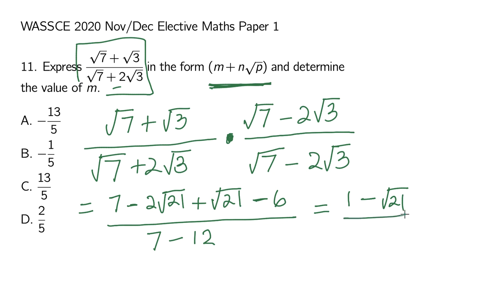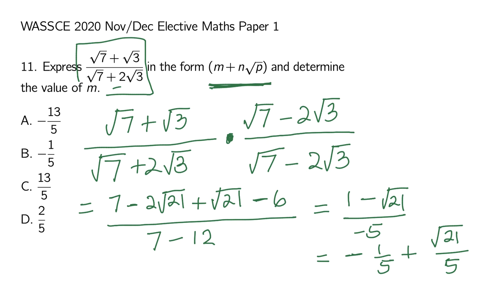And for the denominator, we get minus 5. So if you simplify this further, it's equal to minus 1 over 5 plus square root of 21 over 5.